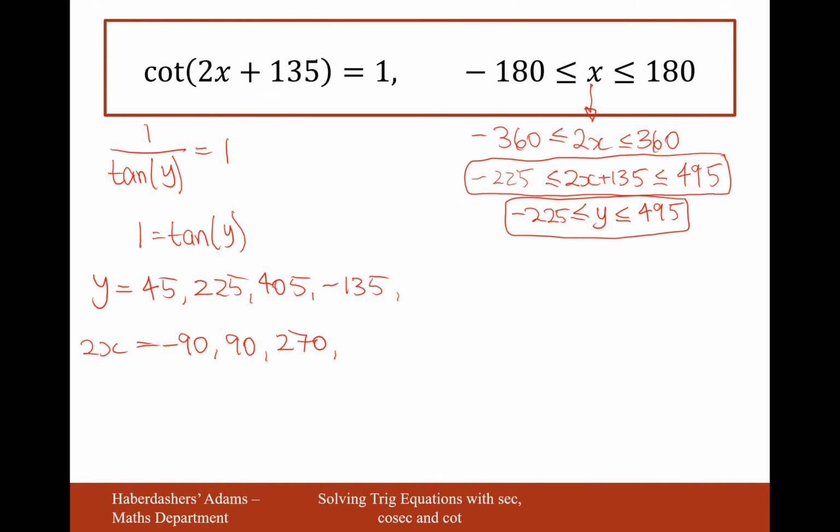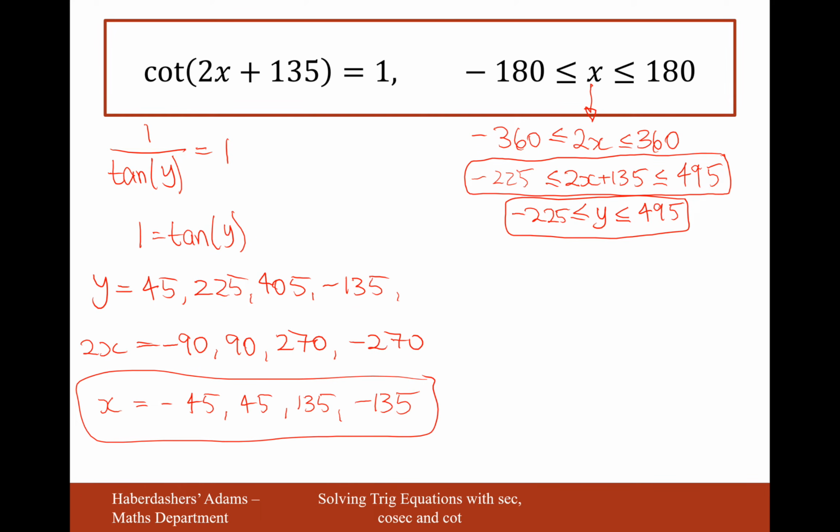And minus 135 minus 135 is minus 270. And the next thing I'll do is divide all of these by 2 to get my final answers. Minus 45, 45, 135, and minus 135. And there we are. These are the answers to this question.